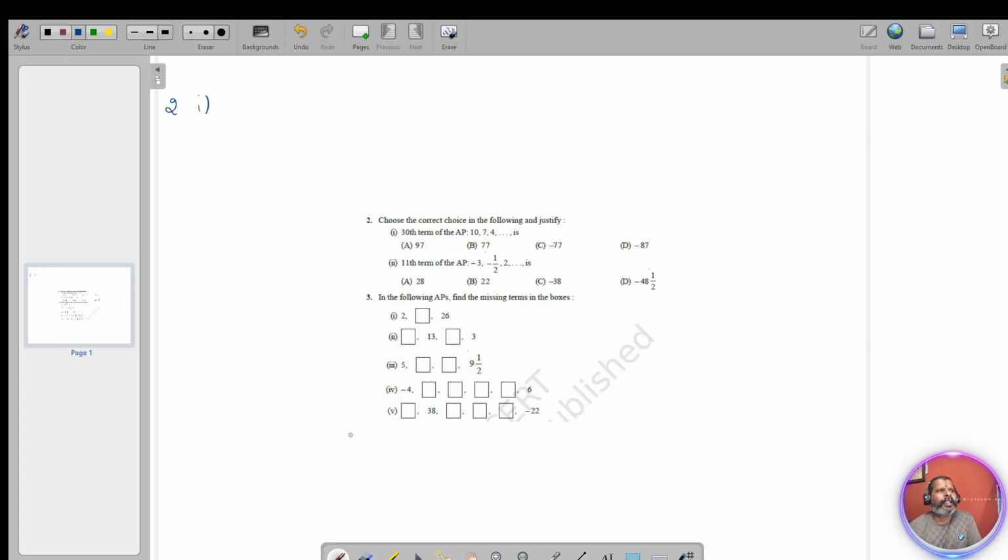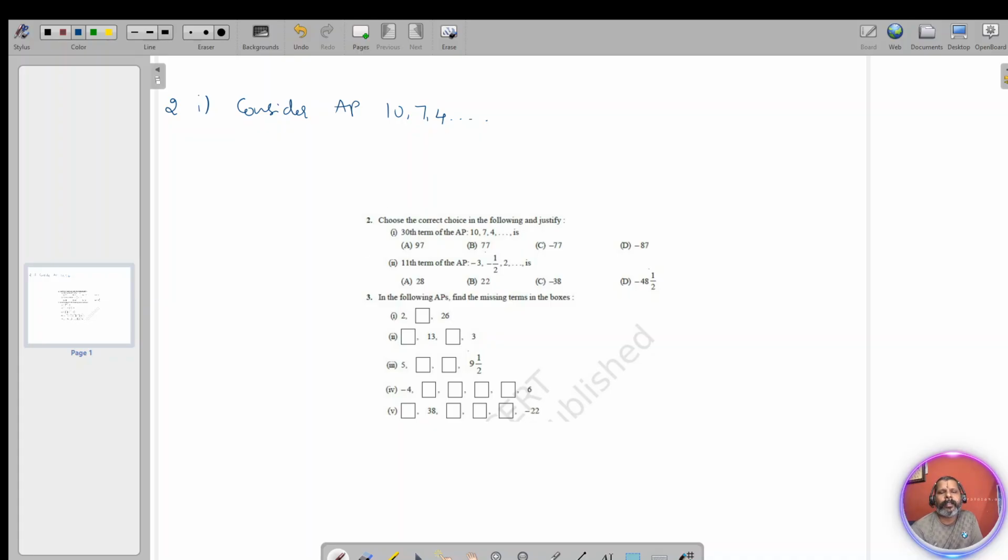First one: the 30th term of the AP is. Consider the AP 10, 7, 4. They are asking for the 30th term, which means n is 30, so a_n means a_30.